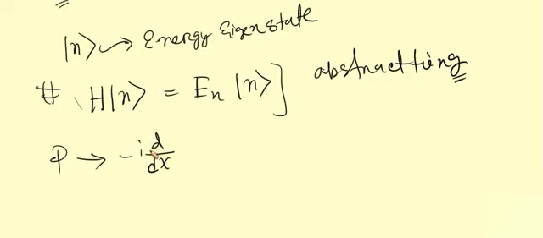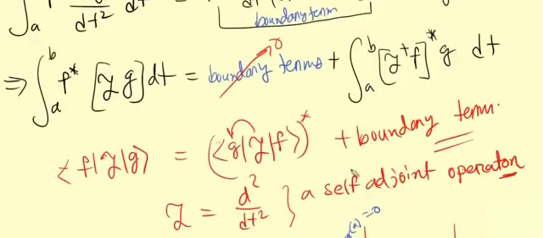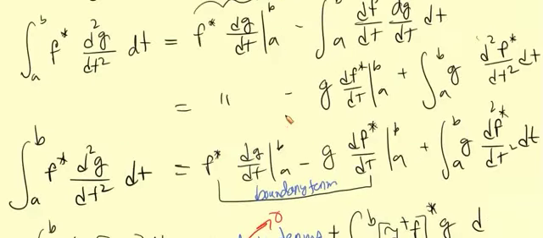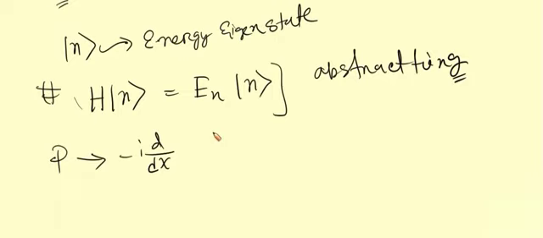So the trick is, since you get a minus sign and you don't want one, to put an i and a minus sign there, so that when you conjugate it, as we did before, you don't pick up any extra minus sign, and this whole thing becomes a Hermitian operator.